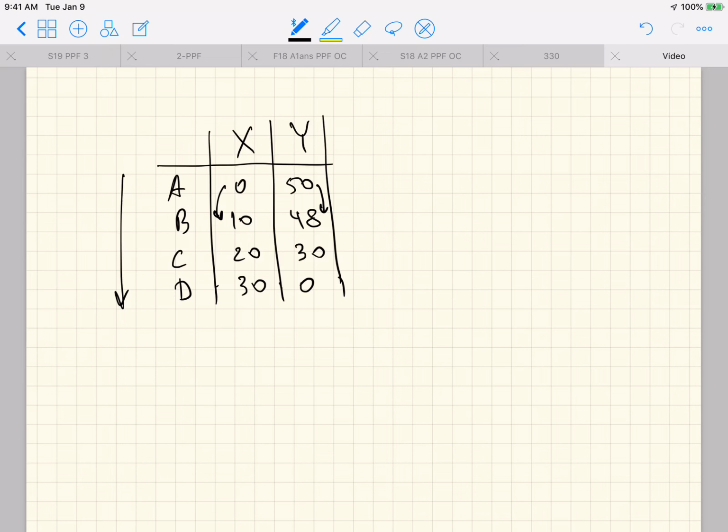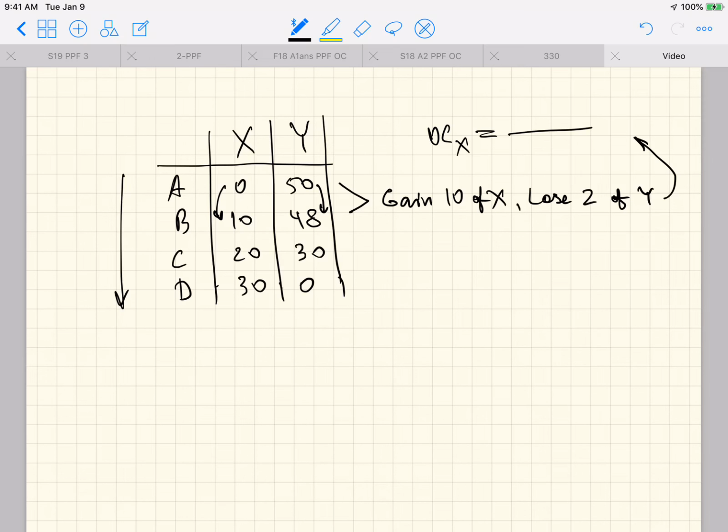So if you go from A to B, what happens? You gain 10 units of X and lose 2 units of Y. And then if we calculate the ratio, the opportunity cost of the additional amount of X we're getting in this case is, remember, loss over gain.